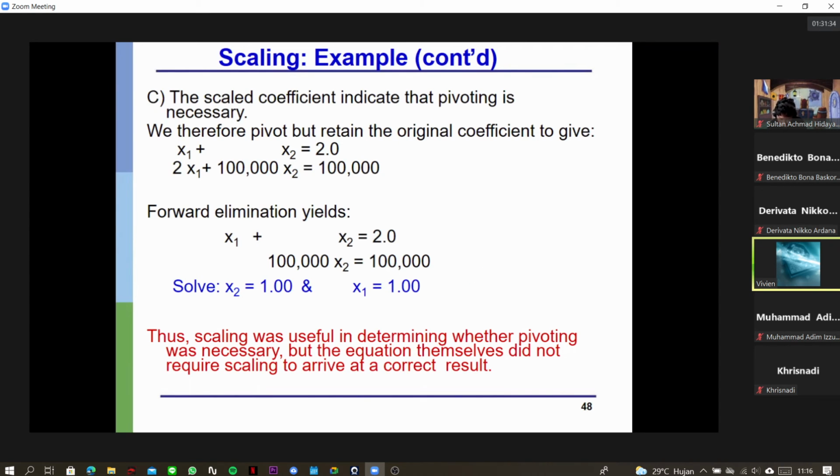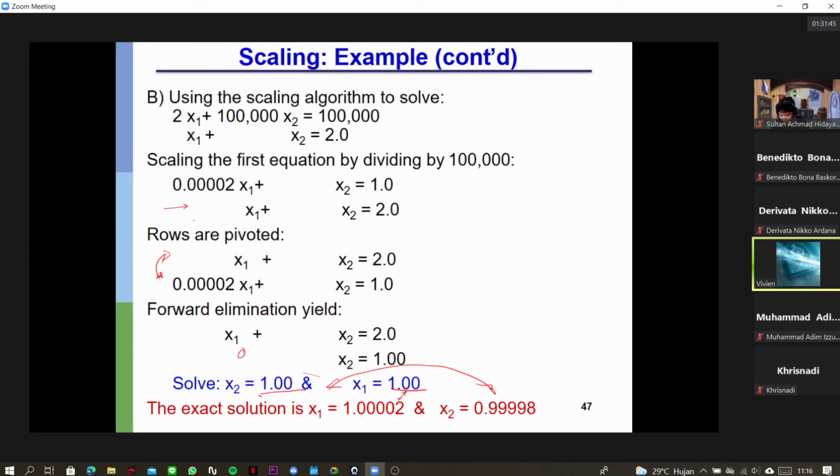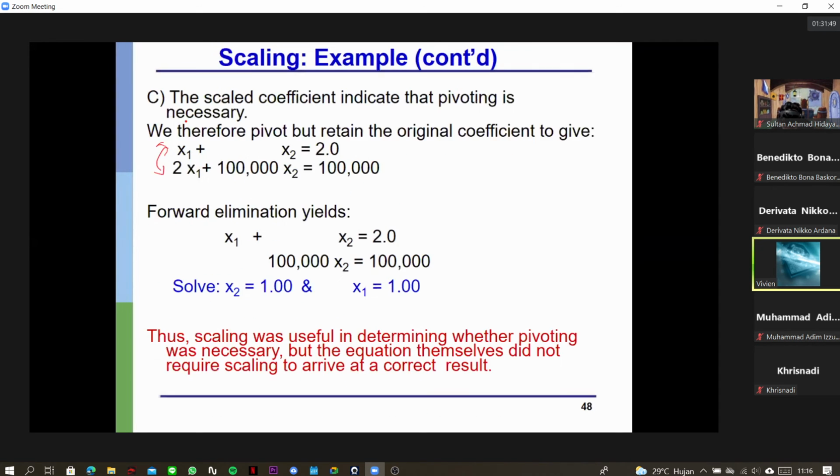Say here we have an example in which we do not do scaling, we just do pivoting. If we pivot, the first row now becomes the second row, and the second row becomes the pivot. Without doing scaling, we end up with the same solution as well. So that means scaling does not affect the calculation, but it can be performed so that it will guide us to choose the correct pivot.